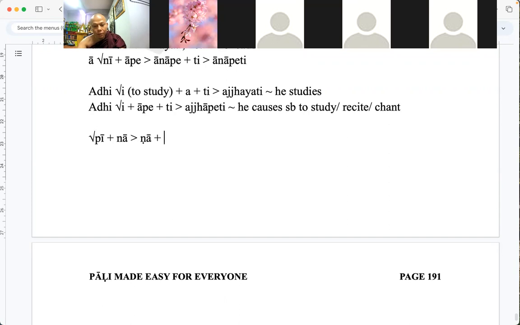Okay. So after that and D. So the simple form is B na D. Okay. So B na D means he is satisfied. But another one is from the B na base.